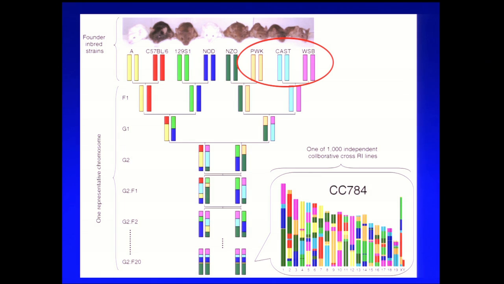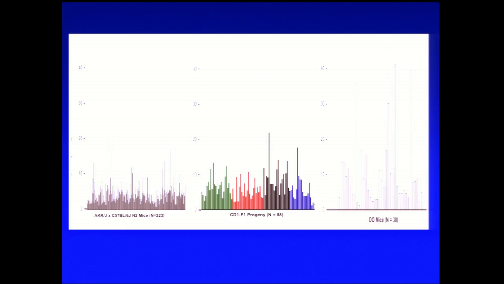But in order to maximize diversity, what people have recognized is that if you go out into a field and catch a wild mouse, you can inbreed that mouse with difficulty, but eventually you can create a mouse that is quite genetically different from an inbred laboratory strain. And that was what has been done, and these mice were included in this cross.